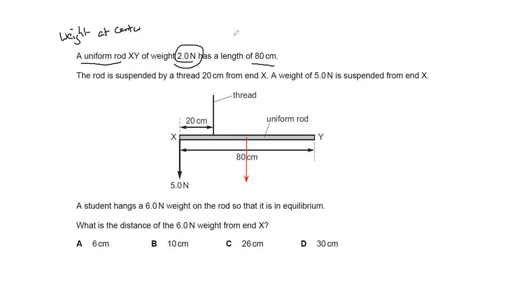And what will be the weight? They mentioned that it is equal to 2 Newton. So the weight will act at the 40 centimeter mark. That's right, because half of 80 is 40. So exactly at 40 centimeter, there will be a weight. A rod is suspended by a thread. So we attach a thread here.